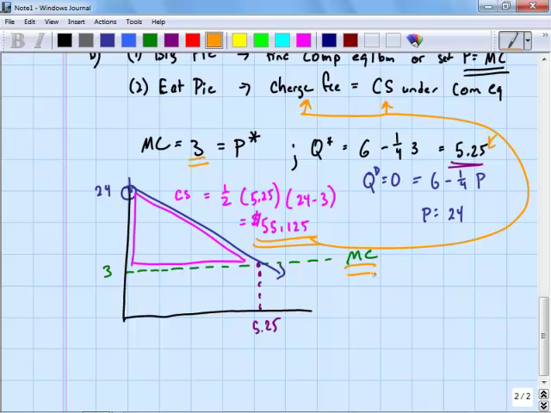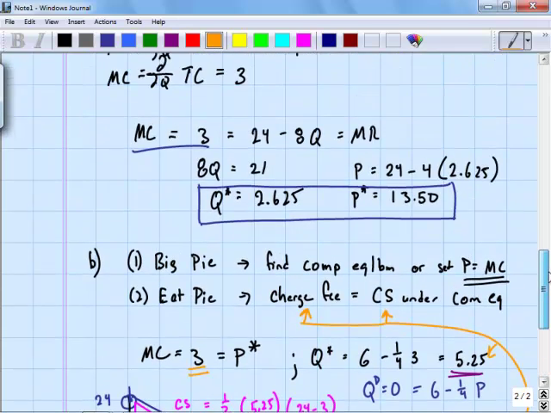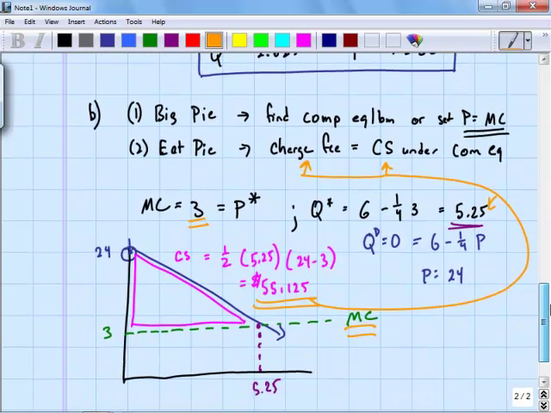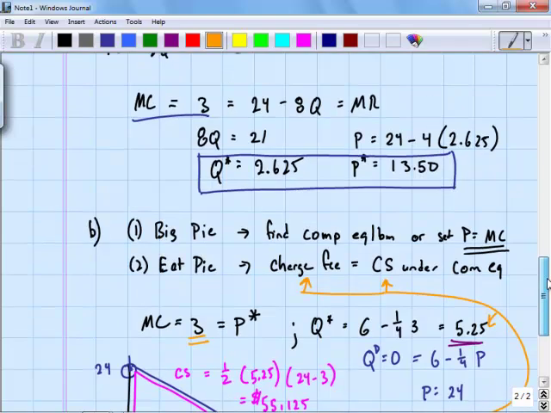The last piece is part D. We're finally getting there. And would this single consumer prefer a monopoly or two-part pricing? So the part that you're likely to get wrong is to think, wow, the consumer gets to buy more of this good. They go up to 5 1/4 units, which is definitely more than the initial 2 and change units. They're buying it at a much lower price of 3 instead of $13.50.